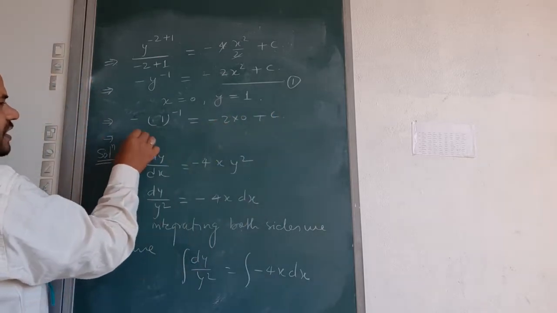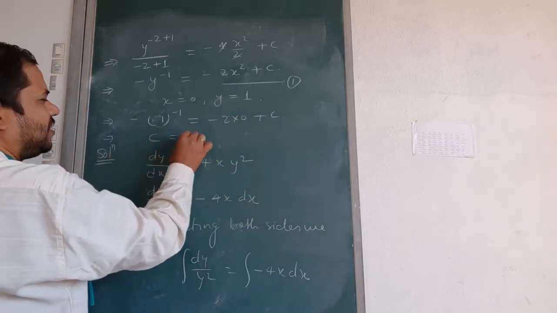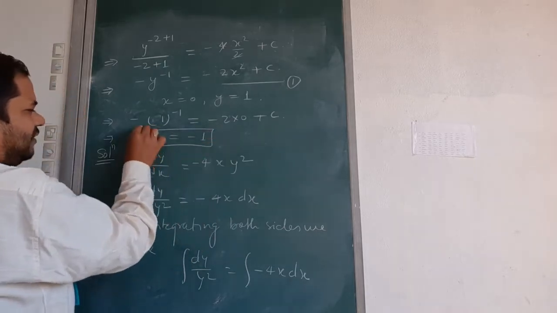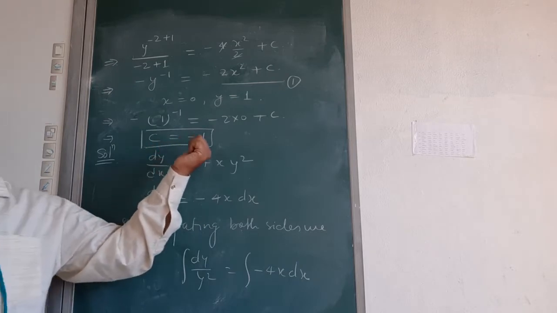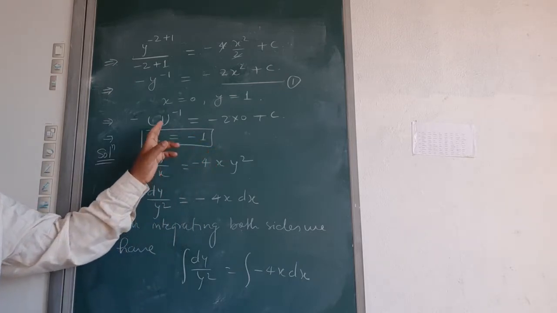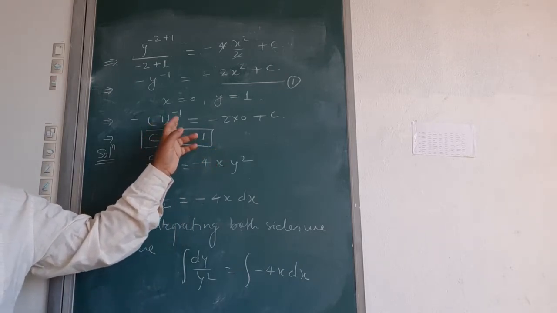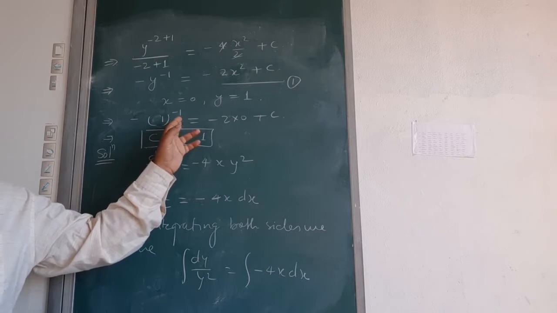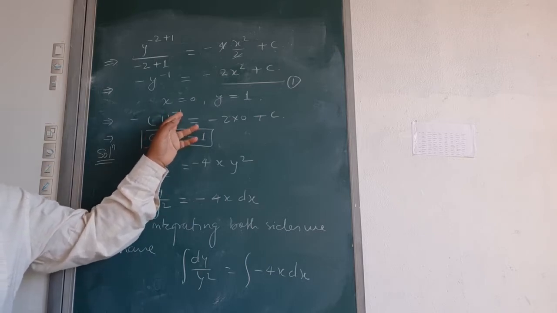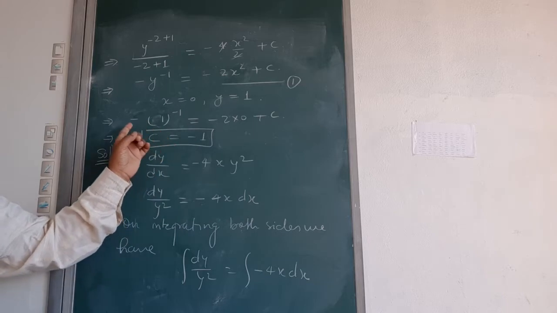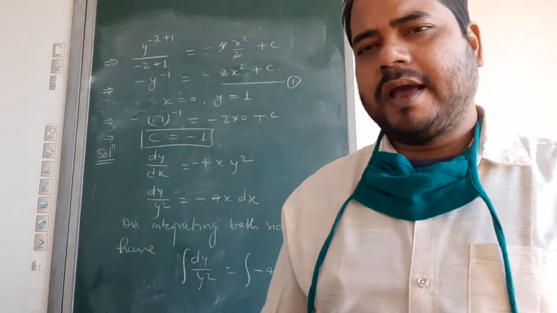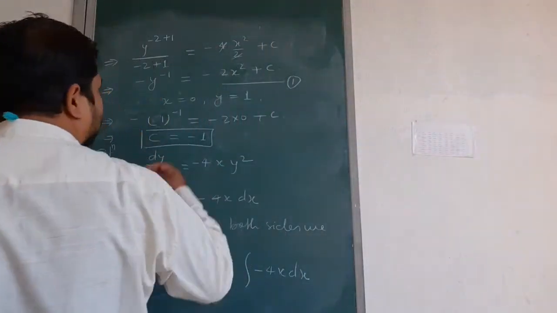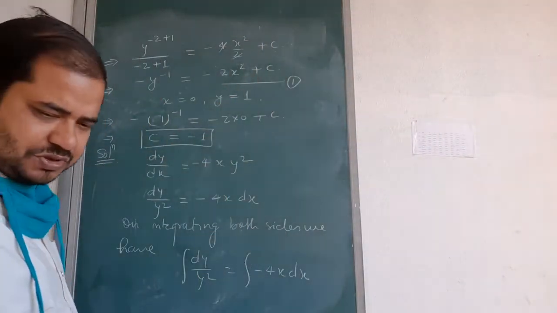So you see here, c is nothing but minus of 1, because 1 to the power of any power is 1 only. So c is equal to minus of 1. Put this value in the given equation 1, and you will get the solution.